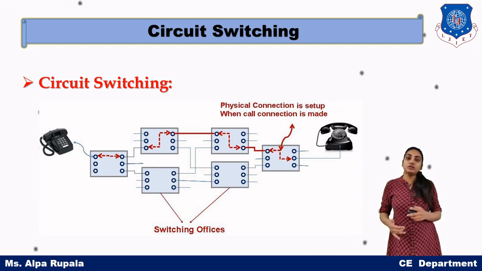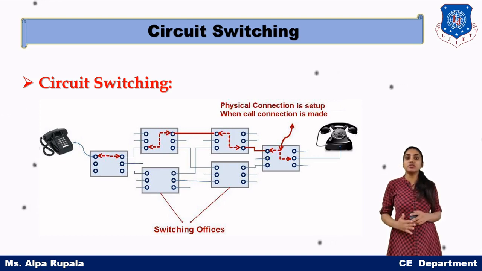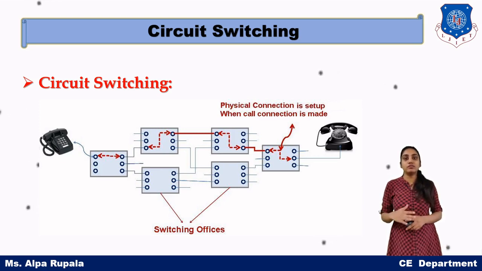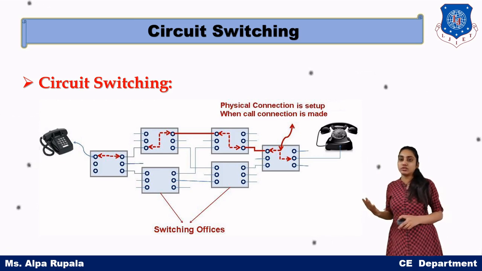Then, as soon as the talk is finished, the circuit must be disconnected. Otherwise, that particular path will not be usable by other people. This is the fundamental of circuit switching.